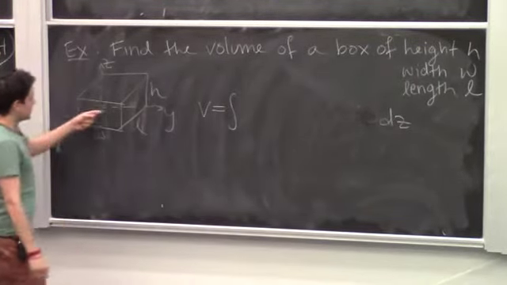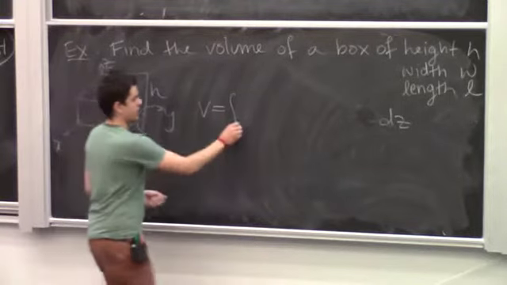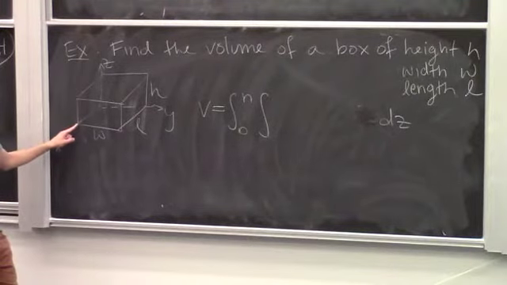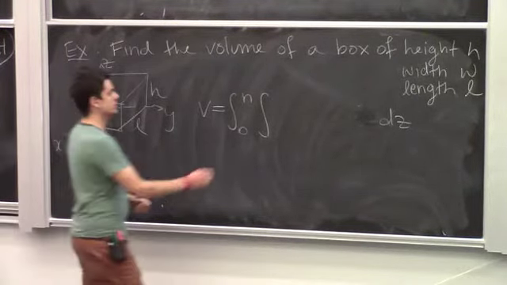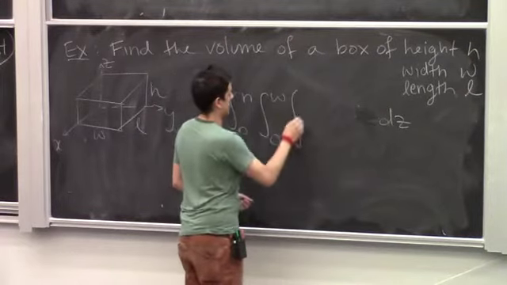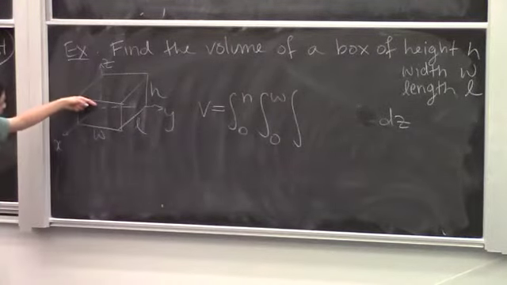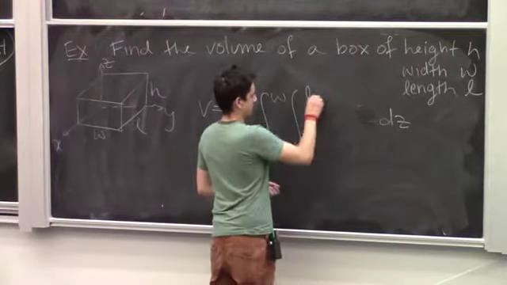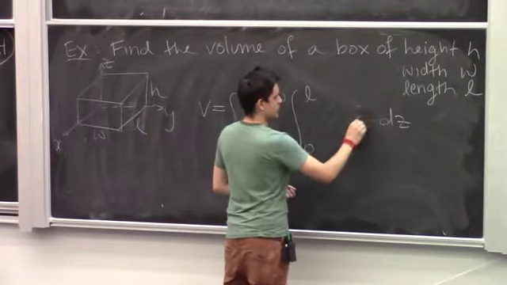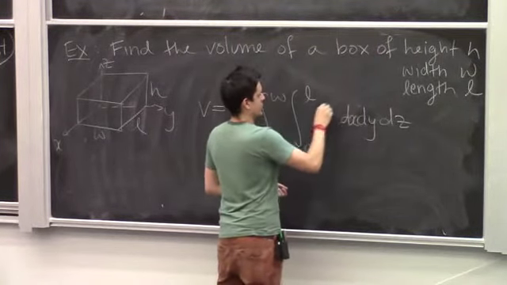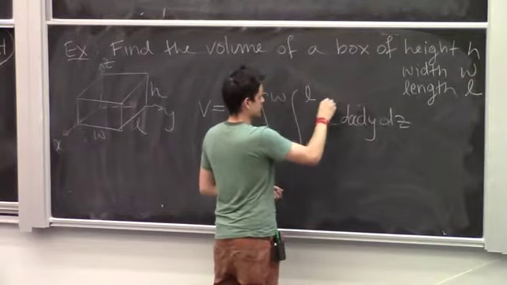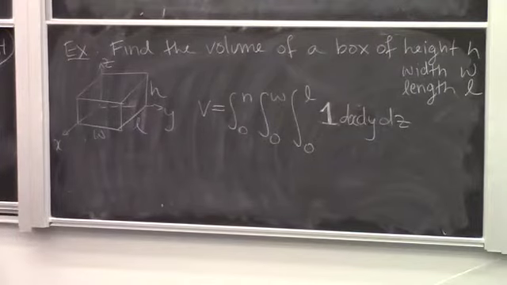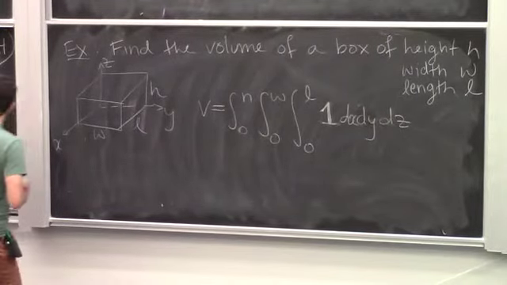Okay, so z is going to go from 0 to h. Then we'll go in the y direction. It'll go from 0 to w. And then in the x direction, we'll go from 0 to l. Okay, and to get volume, we're just going to integrate the function 1. Okay, so let's see how that would work.